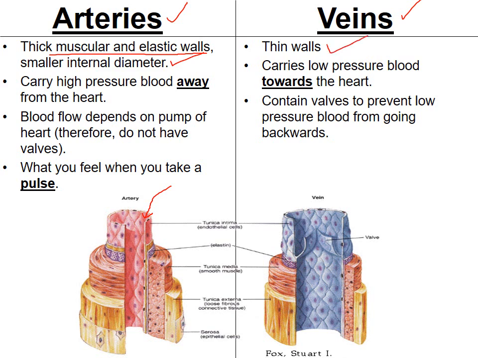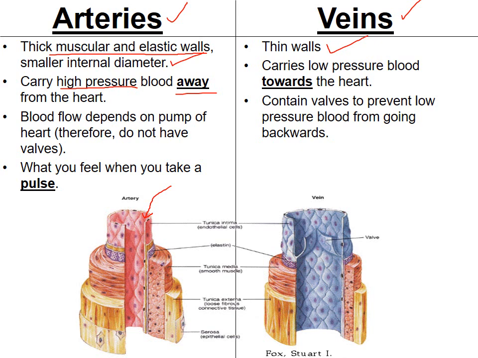Now, in terms of the type of blood they carry, well, arteries carry high pressure blood, and they carry that blood away from the heart. So they're the first vessel that the blood encounters when leaving the heart after it was first pumped. And so if it was first pumped there, it's going to be high pressure.